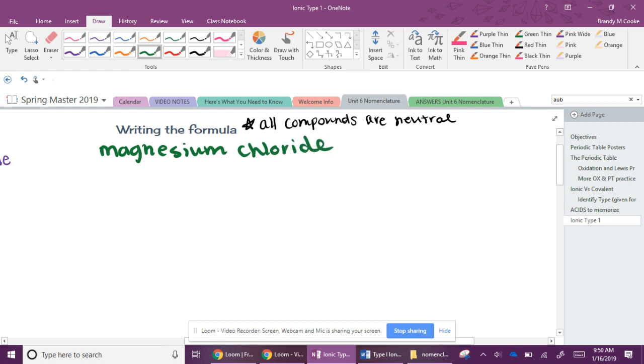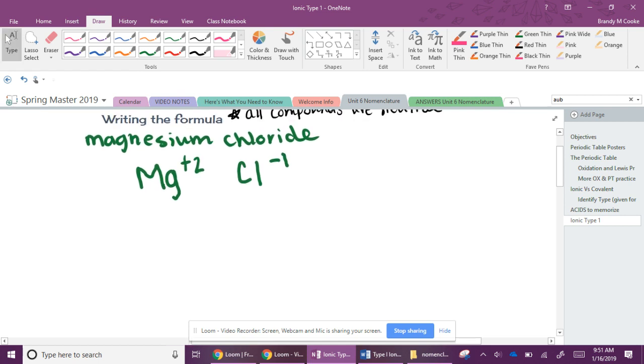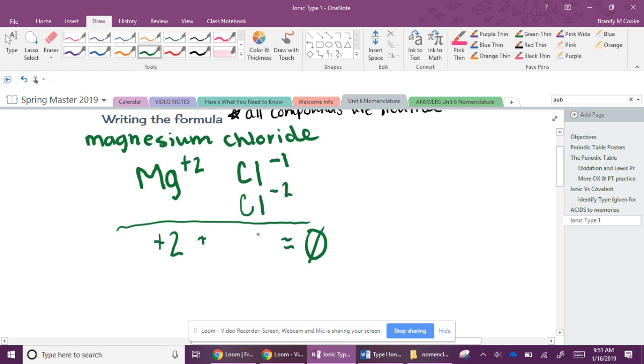When we do this, obviously we need to write the symbols if we're writing the formula. So magnesium is Mg, chlorine is Cl. I know the charges of them because it's a type 1. So magnesium is +2, chlorine is -1. The process that we went through together in class the other day was if magnesium has a total of +2 charge and I need chlorine to cancel that out to equal 0, well, then I need another chlorine in there to get that -2 charge, because 2 and 2 cancel out, right?